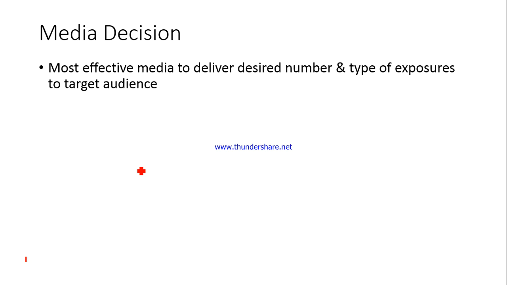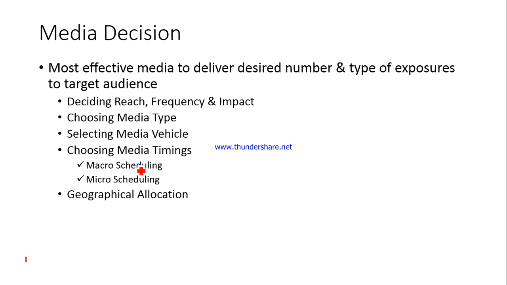For example, you have decided that to be able to sell your product, you want your target audience to get exposed to your advertising campaign at least 3 times. So that is the desired number. So you want your target audience on an average to get exposed to your advertising campaign at least thrice, 3 times. So that is a desired number, right? So how do you ensure that this happens in an effective fashion? So that is what media decision is all about, right?